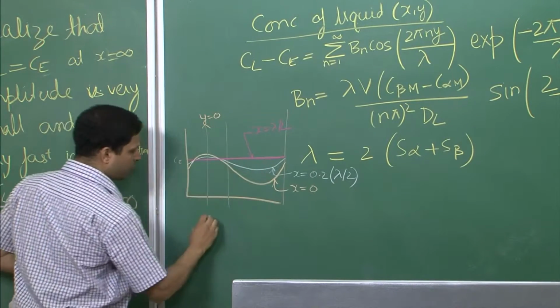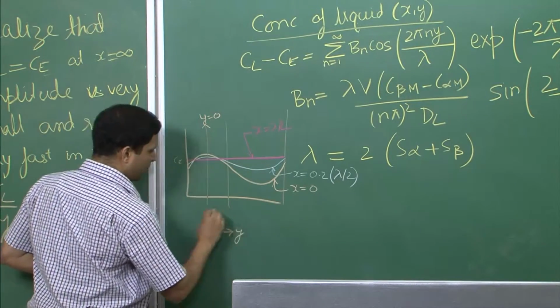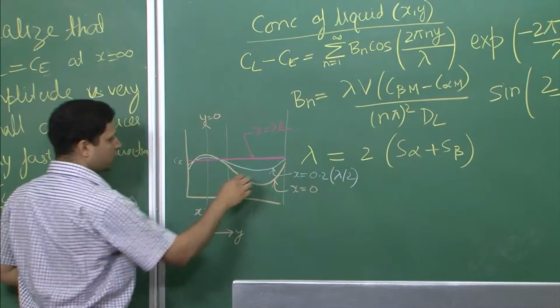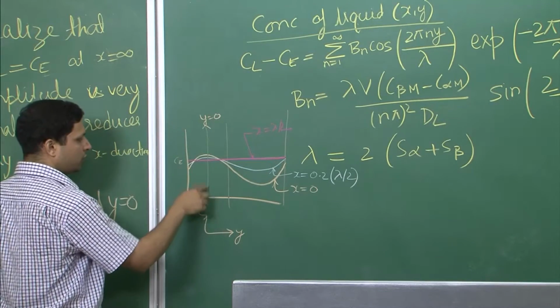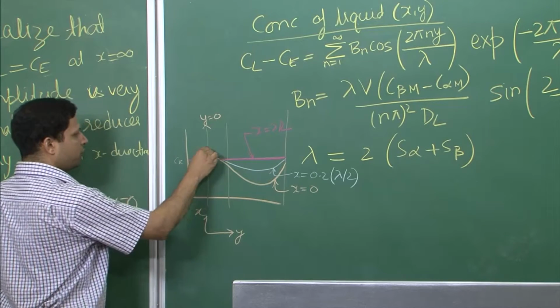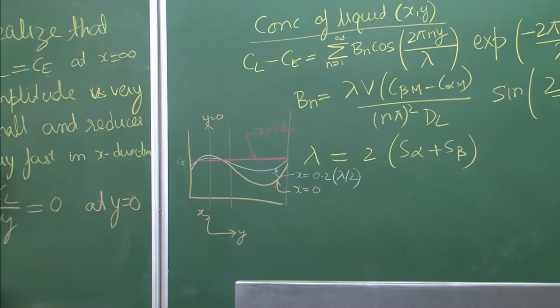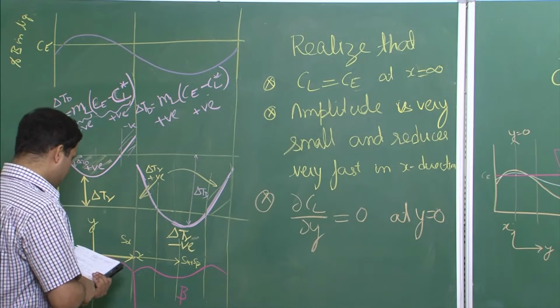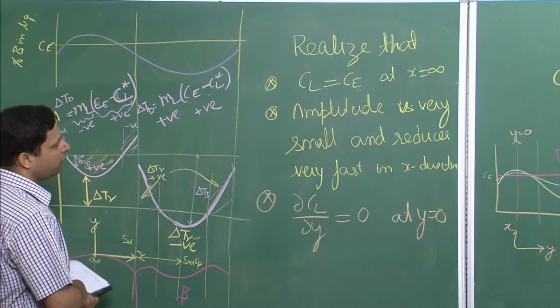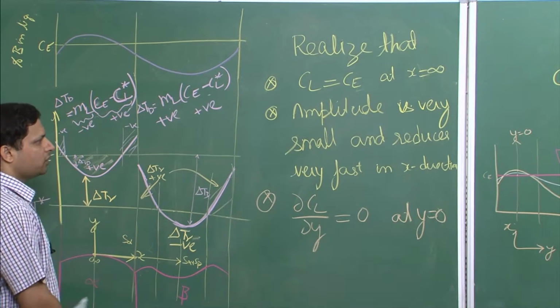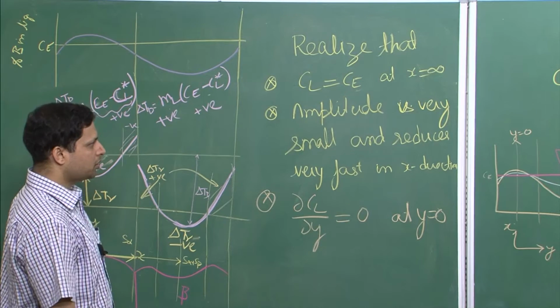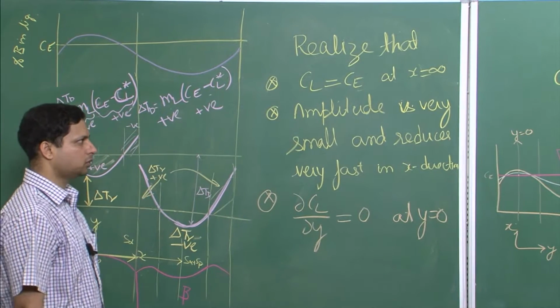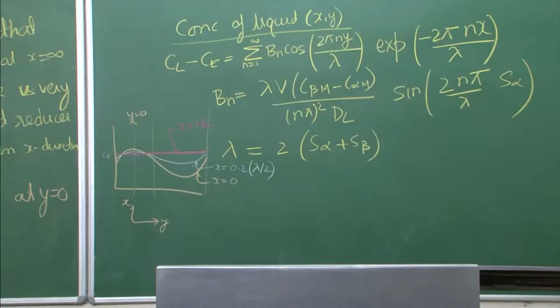Remember, in this direction we have y, and this direction is x, so the origin is here. At this point we have the maxima, and therefore del Cl over del y is equal to 0 at y equal to 0. So these are some simple facts that you should be aware of when dealing with this, and we'll solve one equation based on this particular form for the liquid concentration variation.